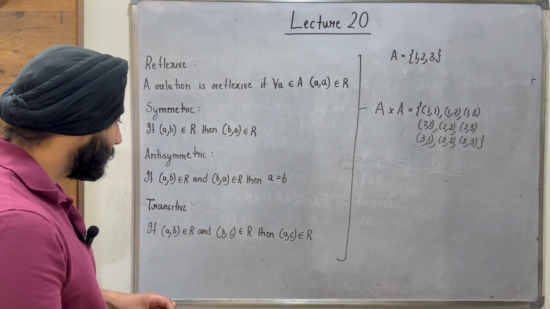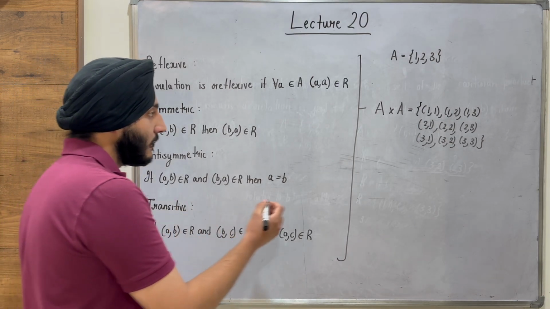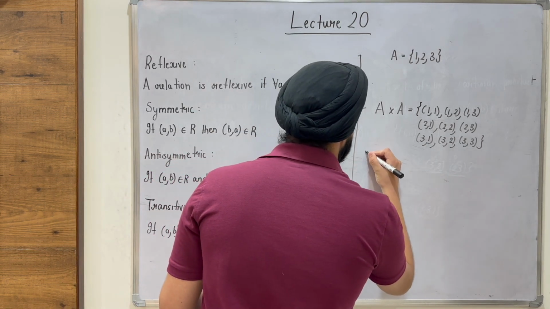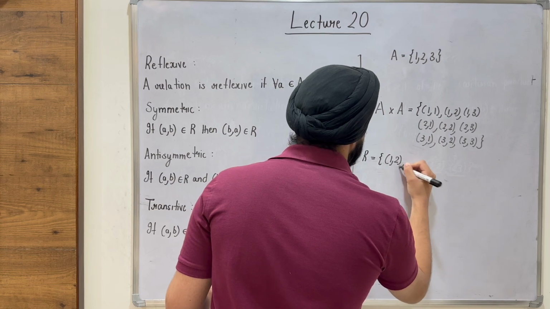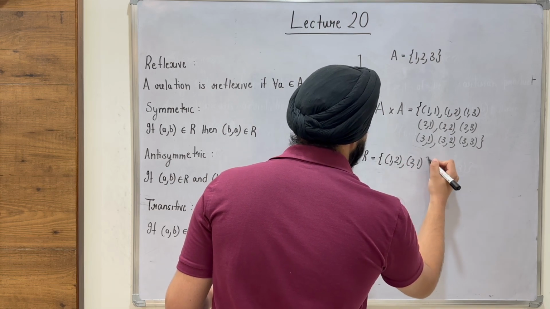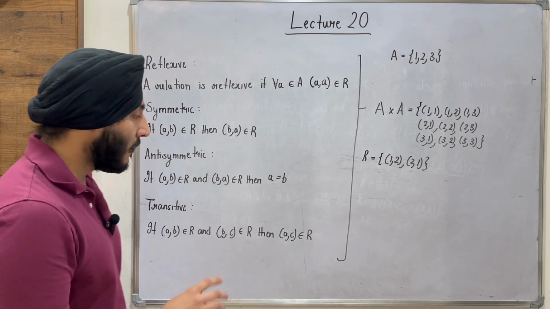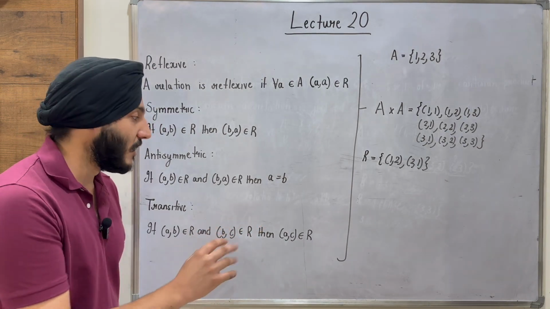Let's say I have the relation (1, 2), (2, 1) again. Let's try to understand whether this is an antisymmetric relation or not.